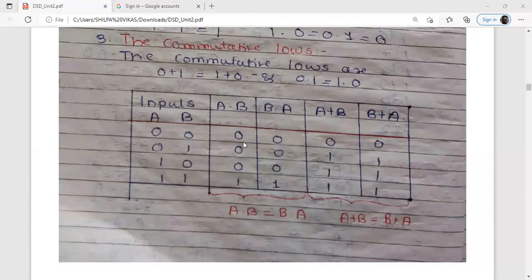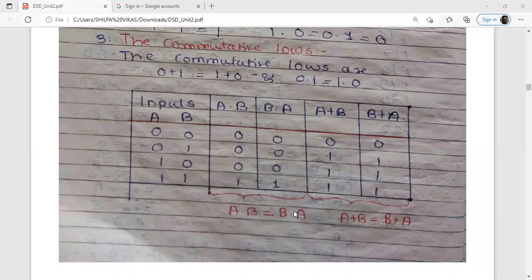So these are the values of A dot B, and we get the same for B dot A. Again, 0 by 0 is 0, 1 by 0 is 0, 0 multiplied by 1 is 0, and 1 multiplied by 1 is 1. So we can prove that A dot B is equal to B dot A. So the first law is proved.